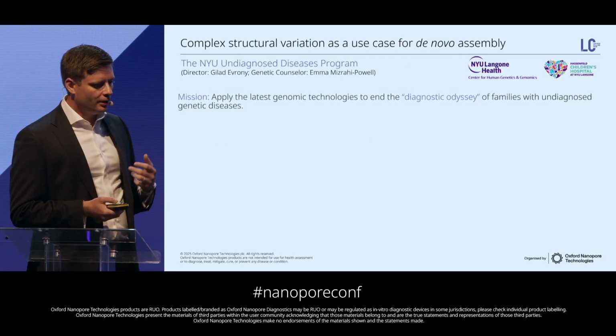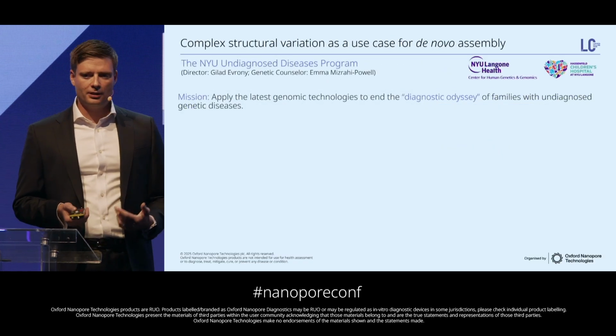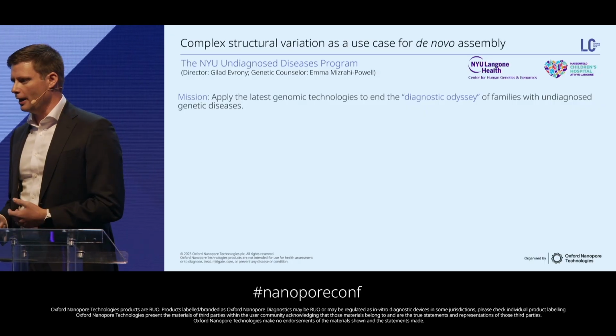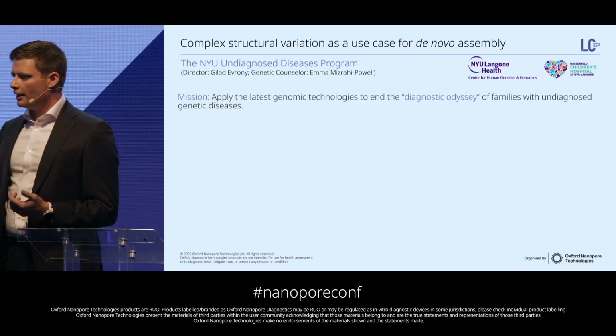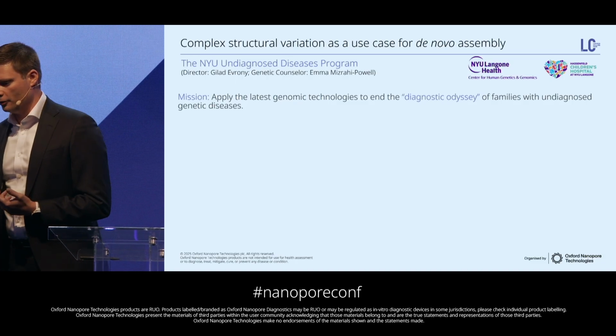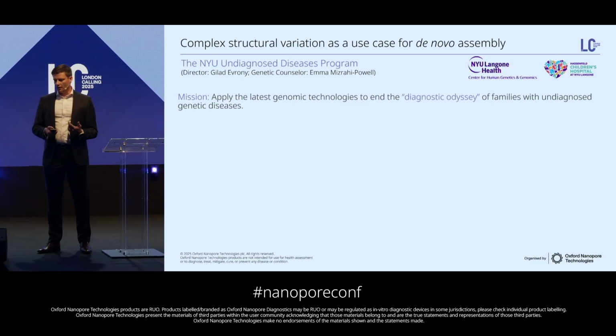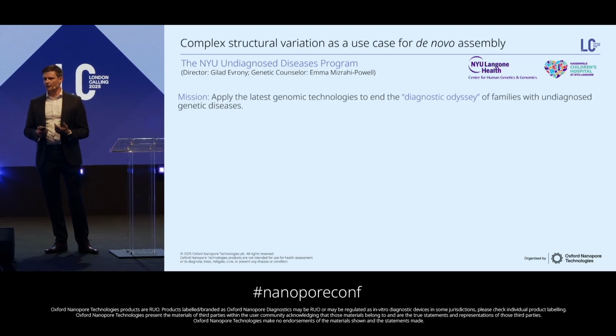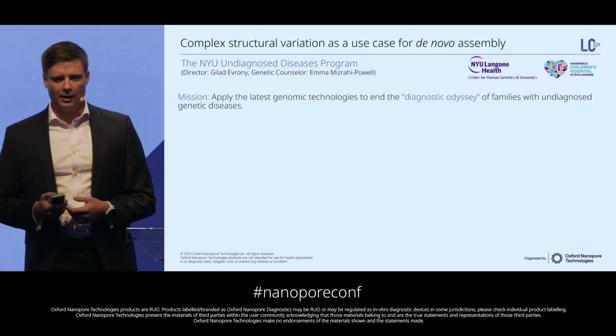All right, turning now to using these assemblies and what we can do with this to unlock new biology. We're starting with a sample that we sequenced in collaboration with the NYU Undiagnosed Diseases Program, with the mission of applying the latest genomic technologies to end the diagnostic odyssey of families with undiagnosed genetic diseases.